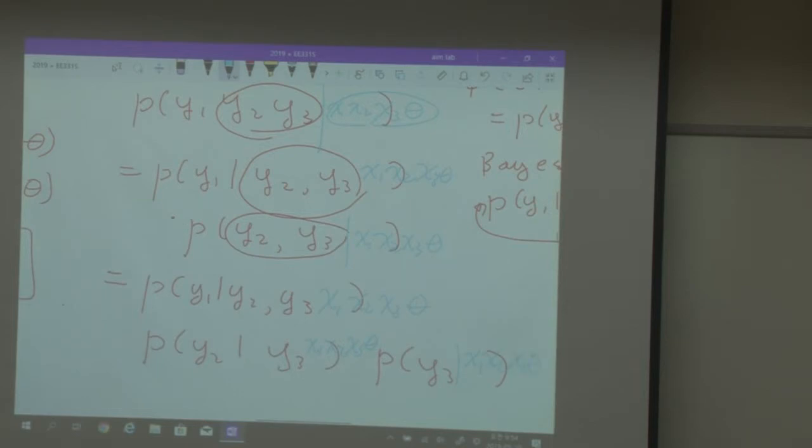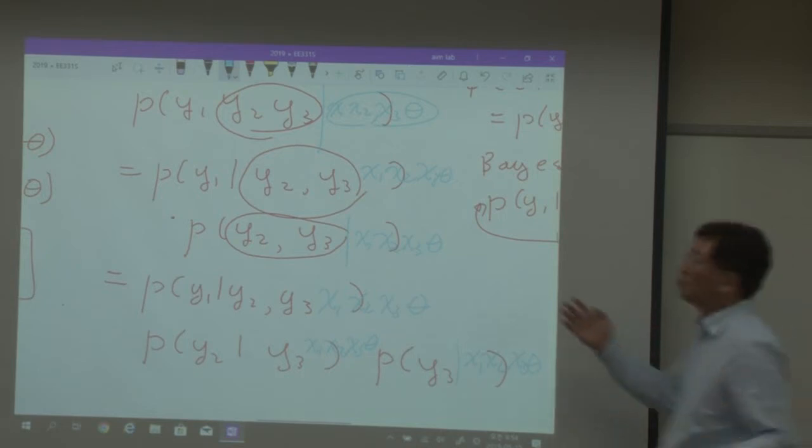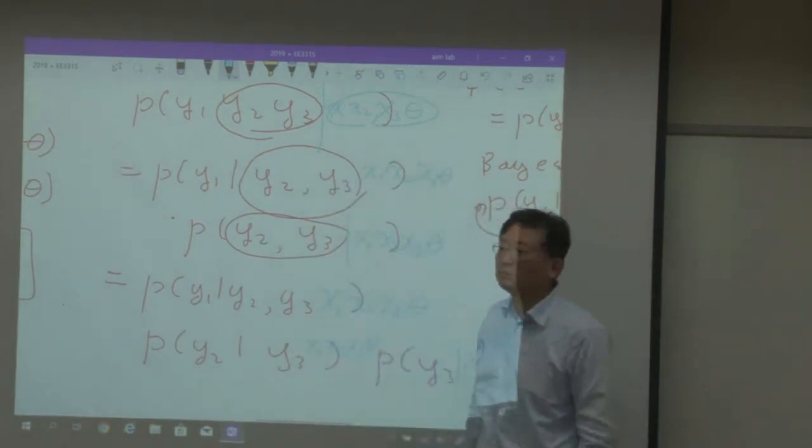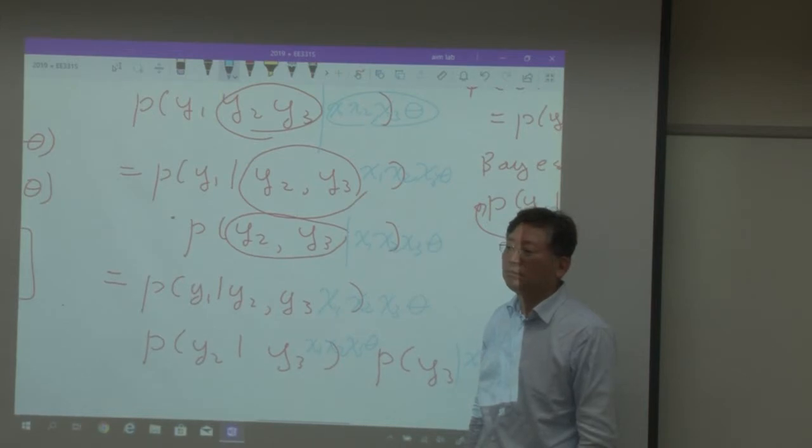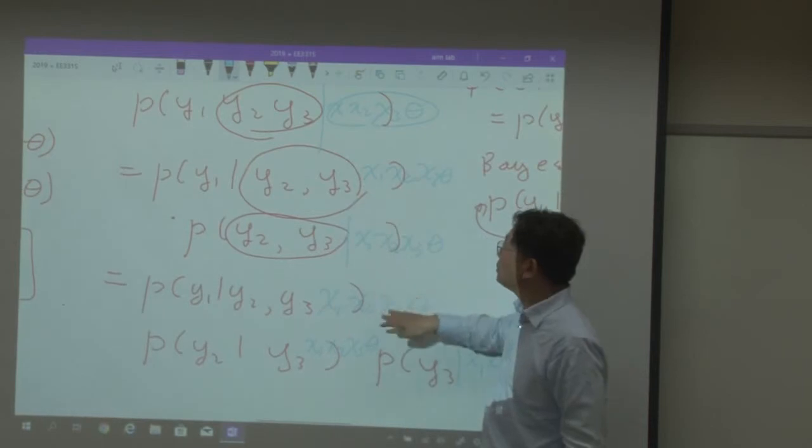And it will be correct. Just put it in the givens.